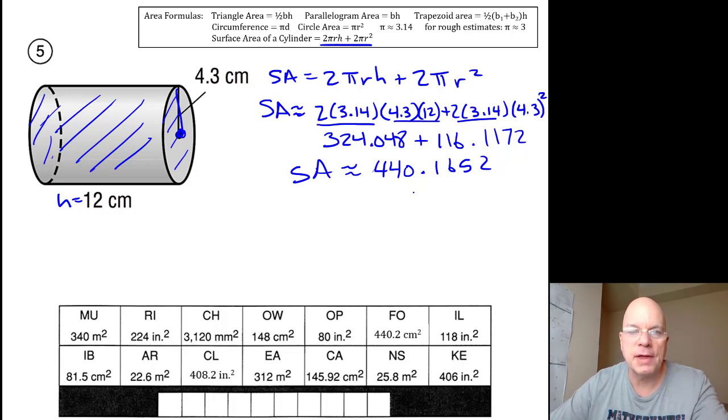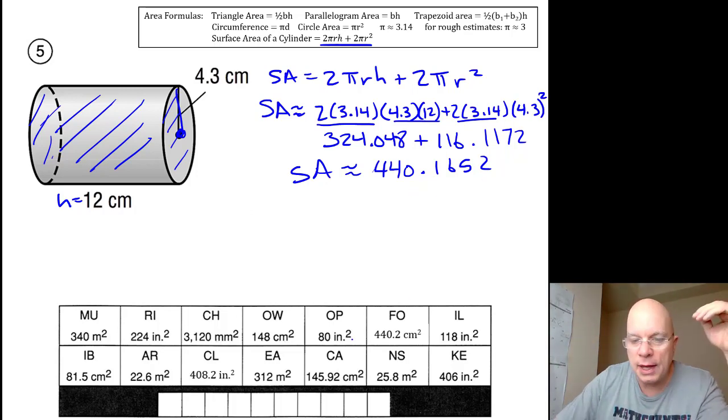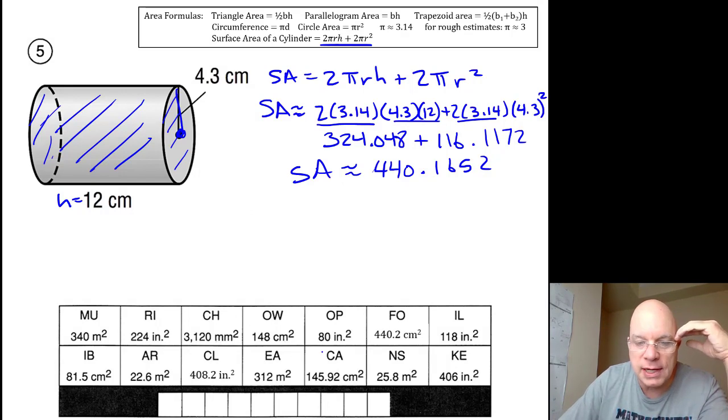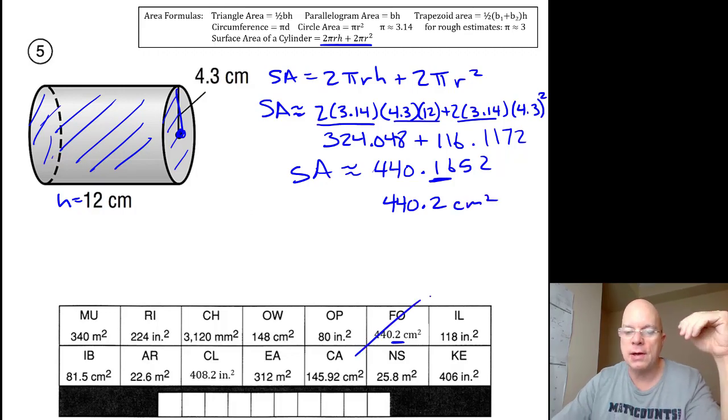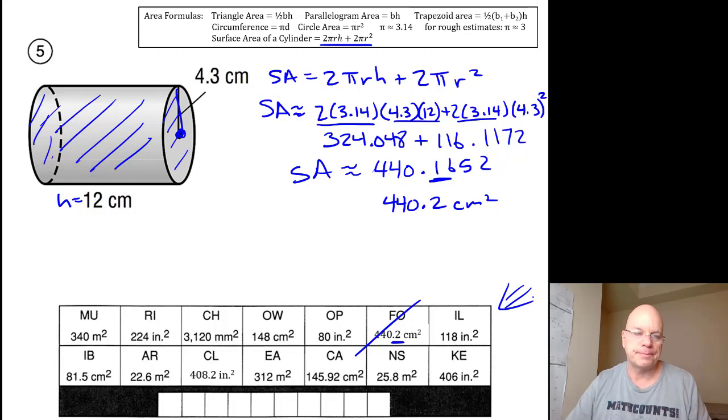If we used an approximate value for pi, we were left with an approximation, no matter how precise it looks. And when I look for my answer down here, I don't see it anywhere, and that's when I really have to realize that they chose to round to the 10ths place. So as long as I'm approximating, it's approximately 440.2 centimeters squared. This is how the answer bank can help you.